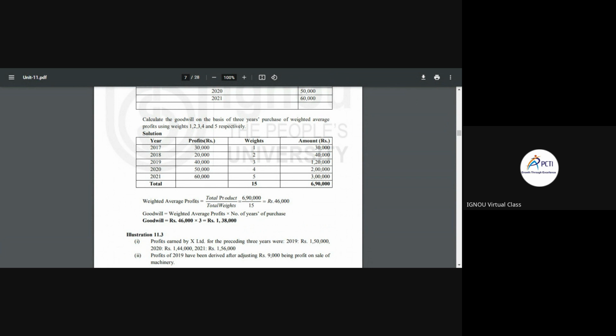So the weighted average profit is equal to total product divided by total weights, that is 6,90,000 divided by 15 is equal to 46,000. When we are calculating goodwill, it is equal to weighted average profit multiplied by number of years of purchase. So the goodwill is equal to 46,000 multiplied by 3 is equal to 1,38,000.